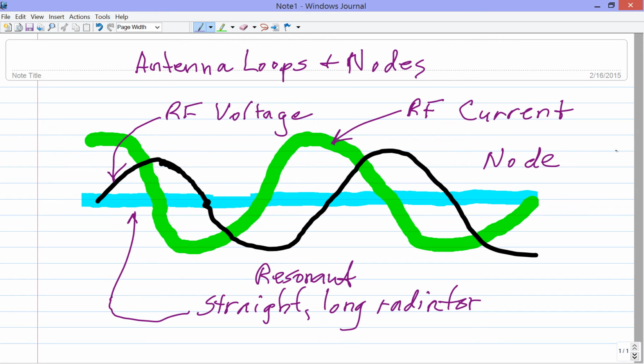So we can talk about voltage nodes or current nodes. Everywhere there is a current maximum or a voltage maximum like this, we call a loop. So we can have current loops and voltage loops.